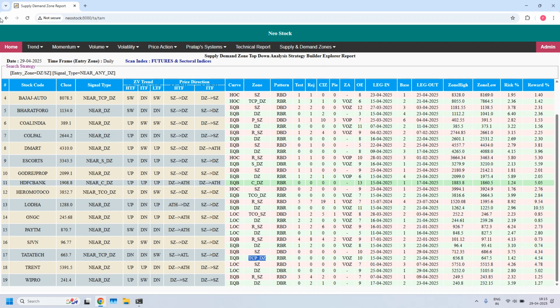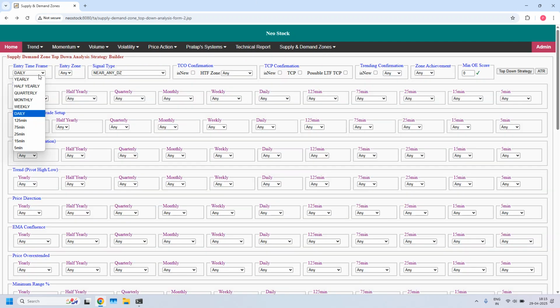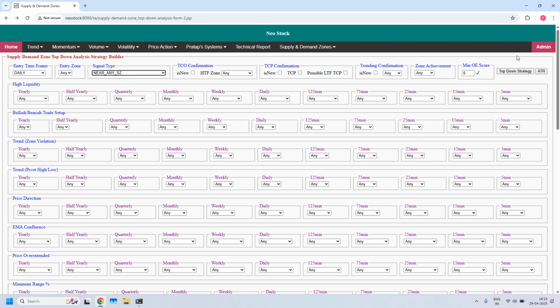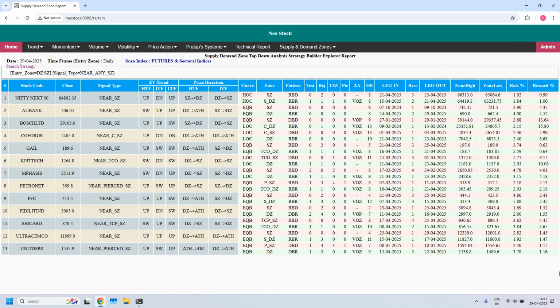Okay. Next, for daily time frame, let us find the stocks near to the daily supply zone. We got 13 stocks. Let us identify daily high liquidity supply zones from this list.